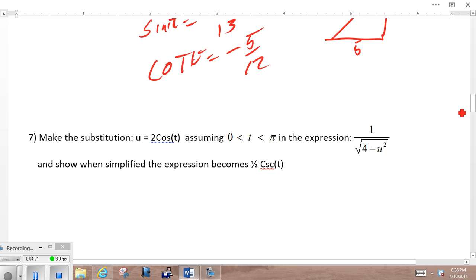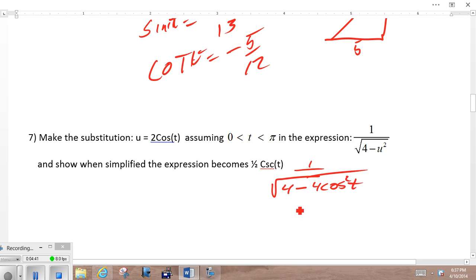With the substitution here into this expression, we're going to get 1 over radical 4 minus what will become 4 cosine squared of theta, G as it is.